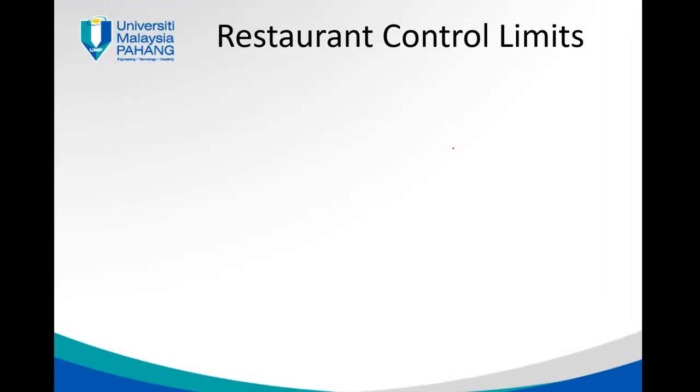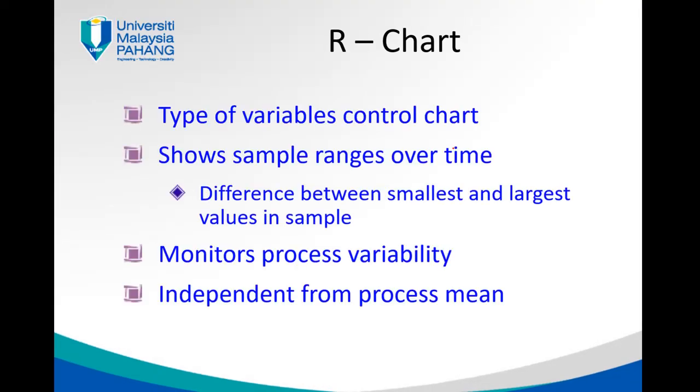Roughly, the R chart is a type of variable control chart. Again, the R chart will be used together with the X bar chart. It cannot be used alone. The X bar chart also must be used together with the R chart.